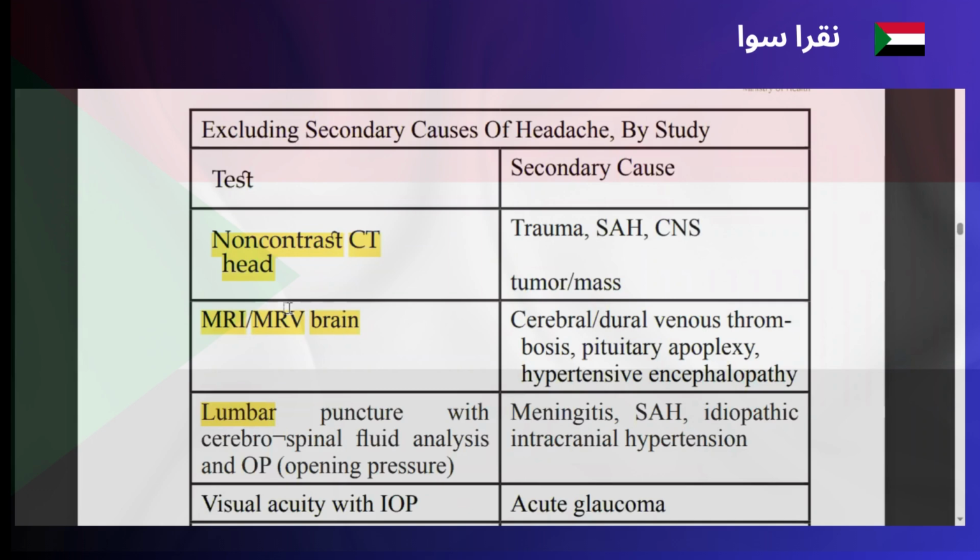We have non-contrast CT head to exclude trauma, subarachnoid hemorrhage, CNS tumor, and mass. MRI, MRV brain for cerebral dural venous thrombosis, pituitary apoplexy, hypertensive encephalopathy.